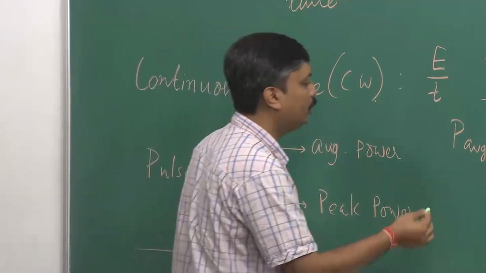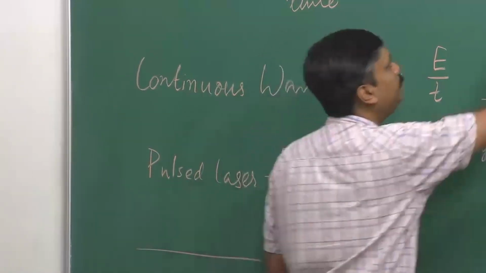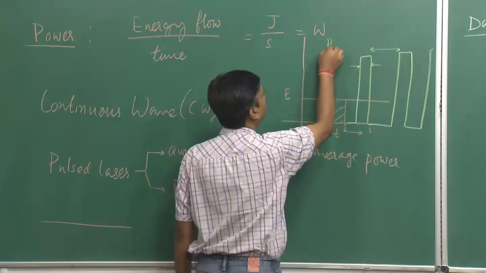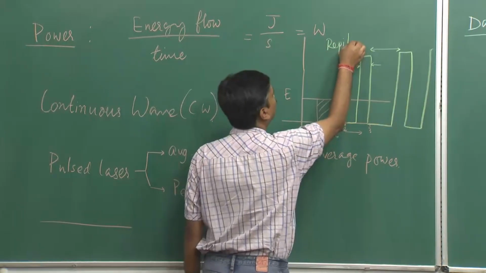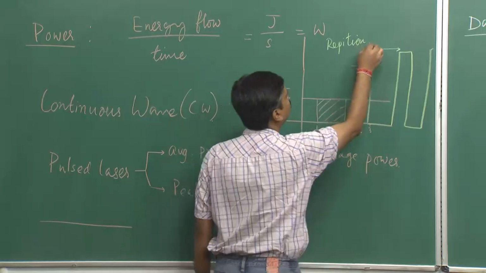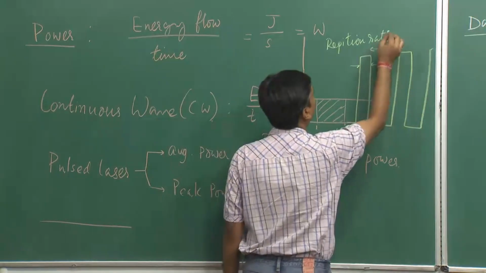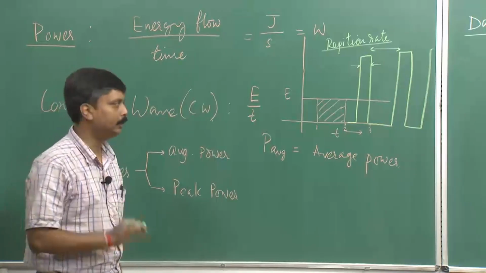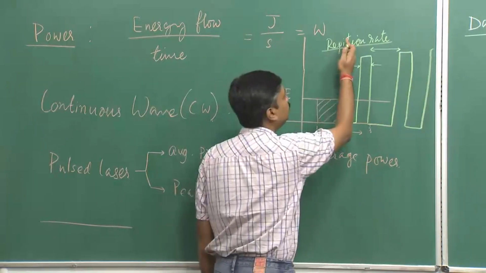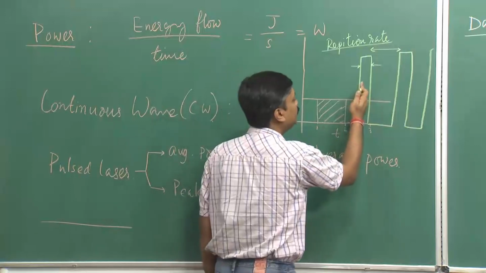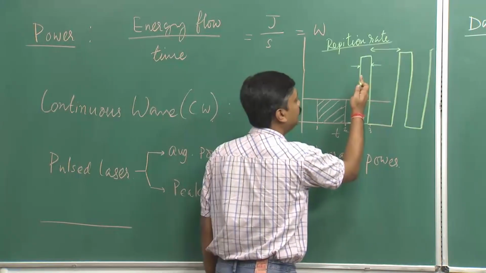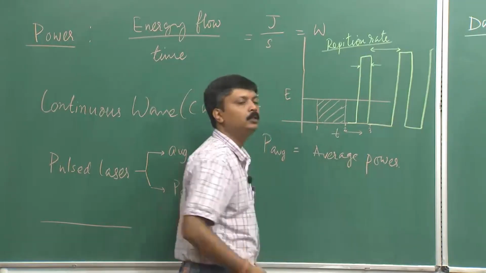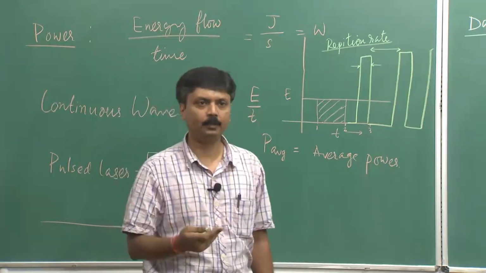This is called repetition rate. This is applicable for pulse laser. So, what does this repetition rate mean? That is, how many times this pulse will appear in a second.